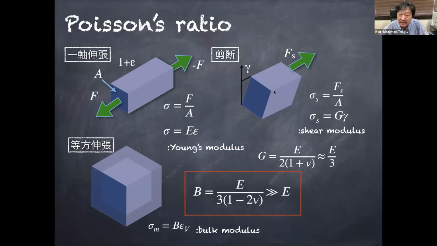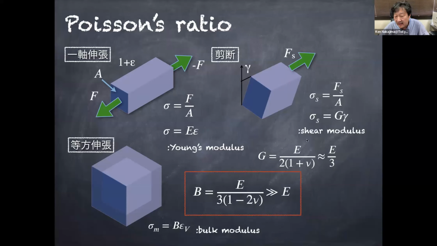Also, if you give this kind of shear deformation, then a similar equation can be made relating the shear stress and the shear strain, and the proportional constant is called the shear modulus. This E, Young's modulus, and G, shear modulus, have a very simple relationship in this way. And here, Poisson's ratio also plays a very important role.